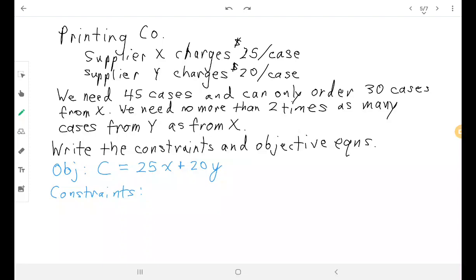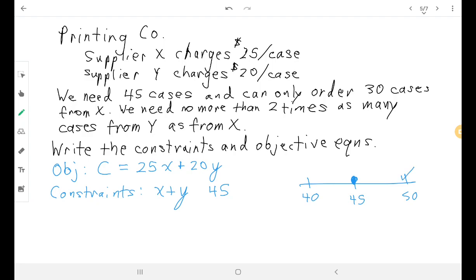So number of cases from supplier X plus number of cases from supplier Y has to be at least 45, and then you can consider a number line and say, well, could I order 45 cases? Yes, absolutely. Could I order 50 cases? I want at least 45 cases, so yeah, sure, I could order 50 cases.